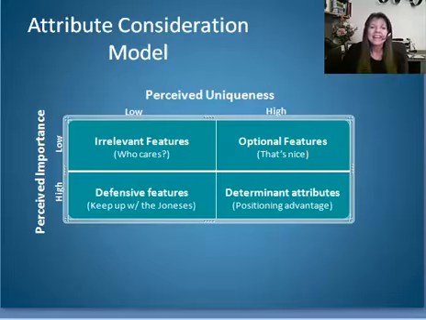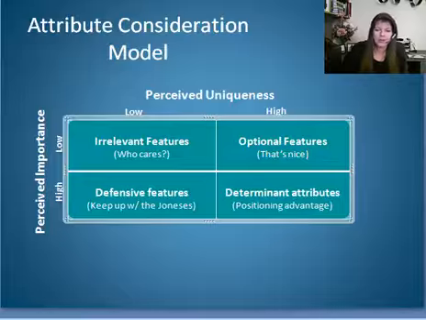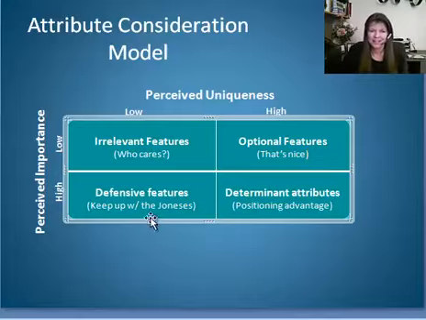Okay? Then we get to the high importance ones. So if we look at the cell, high importance, but low uniqueness, this is what we call defensive features. These are called defensive features. An example would be wanting that attribute just because let's say your neighbors tend to have it. Okay, so the attitude might be keeping up with the Joneses, defensive features.